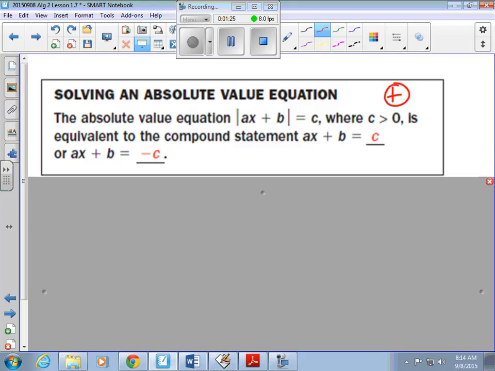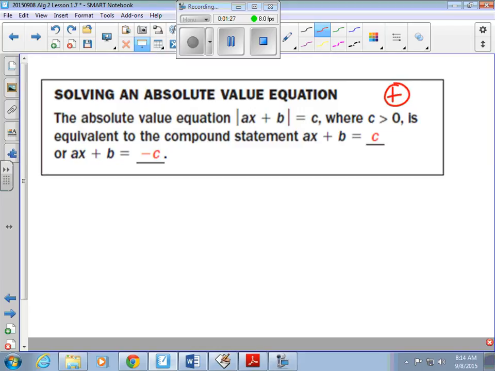The reason is that the absolute value is talking about the distance from 0. So c would be here, and it would also be here. Since it's talking about the absolute value, it's going to give you two answers.